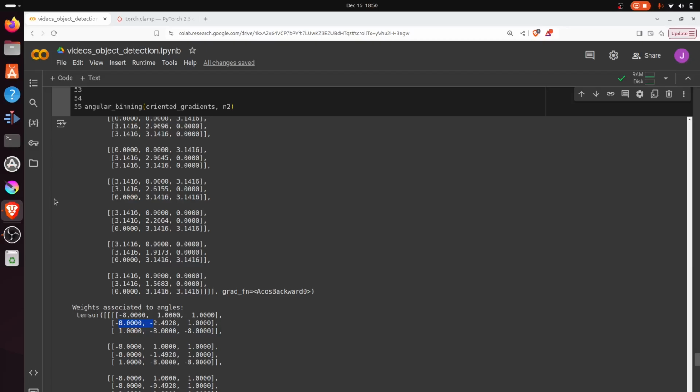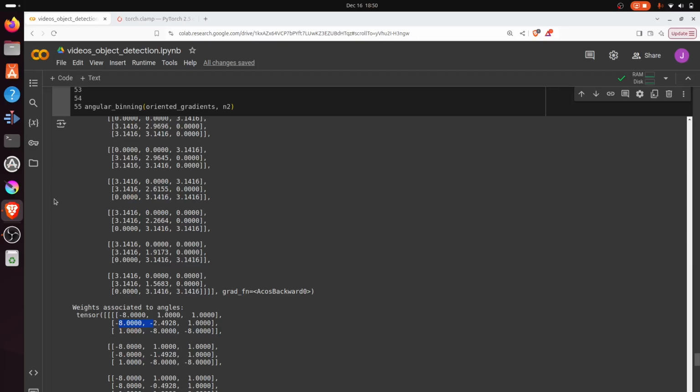And the question is, why do we need to get rid of the negative weights? Remember that the whole point of the last three videos or so is to define the histograms of array gradients. These histograms aggregate the magnitudes of the gradients, and the magnitudes need to be always positive.